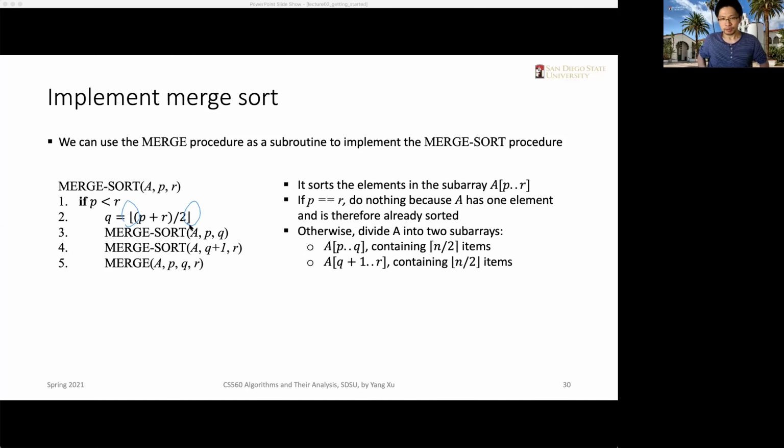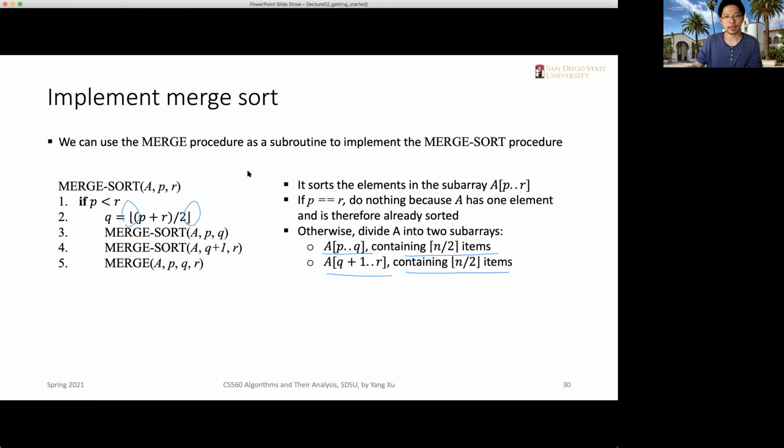We take the first half from P to Q, which contains the first half of the elements. And the second half, from Q plus 1 to R, contains the second half of the elements, okay?